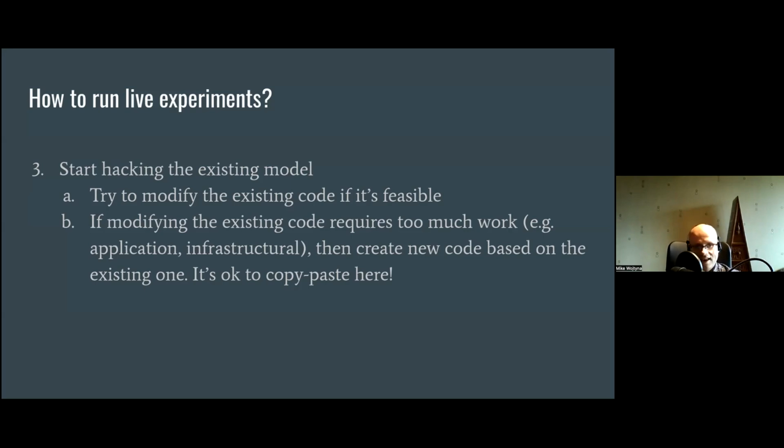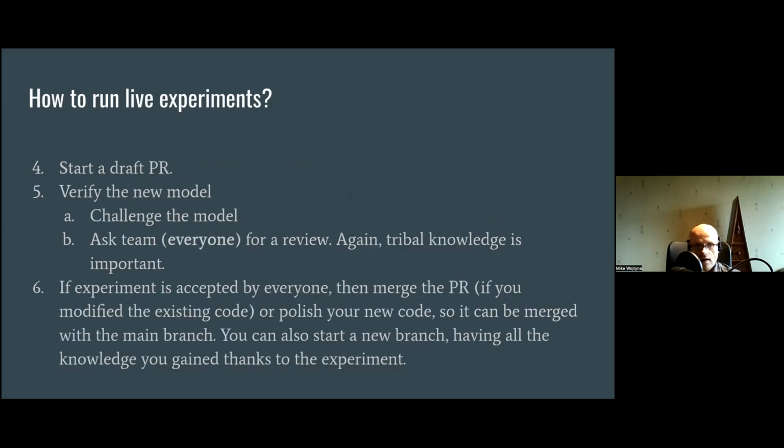I mean, new code, but you can use copy paste here, right? You are not trying to modify. You are based on the knowledge you accumulated so far in the ongoing project. You take all the domain decisions, all the model, and copy paste them and try to adjust them just on your experimenting branch.